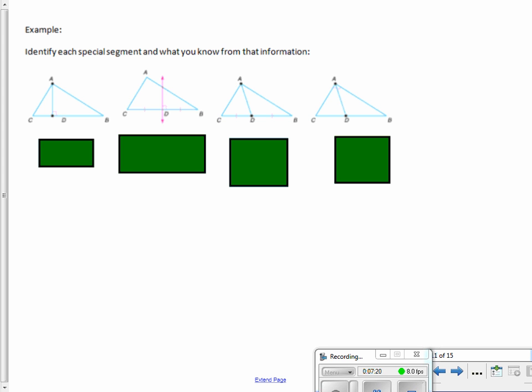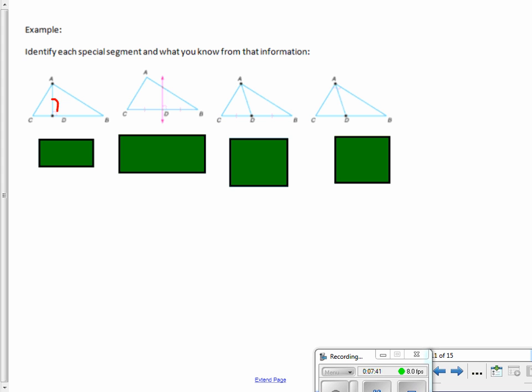I know these might be a little bit difficult to see. They should match up exactly on your notes, though. So we need to identify each special segment and what we know from that information. Okay, so we have triangle ABC, and we have this segment AD cutting down so that we have a right angle here.